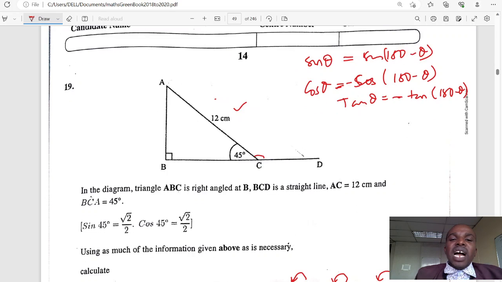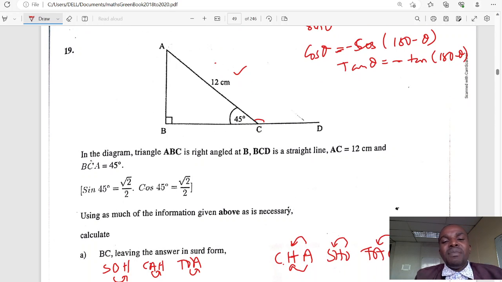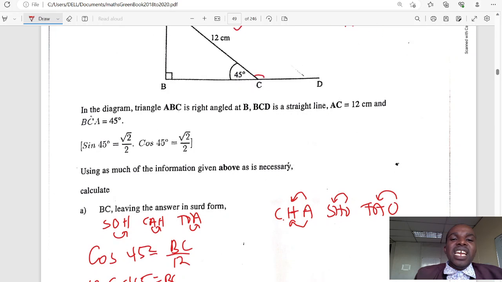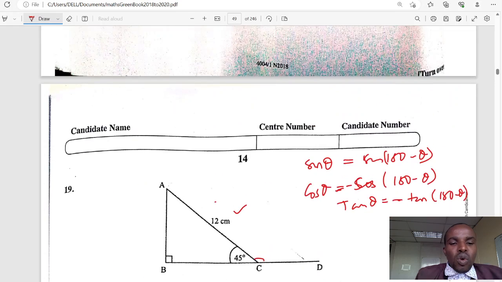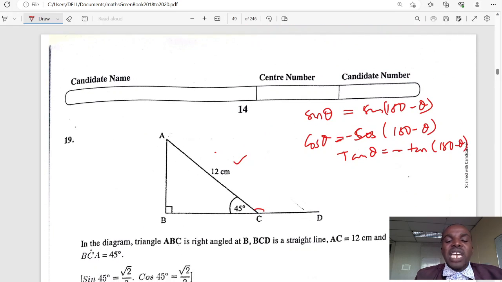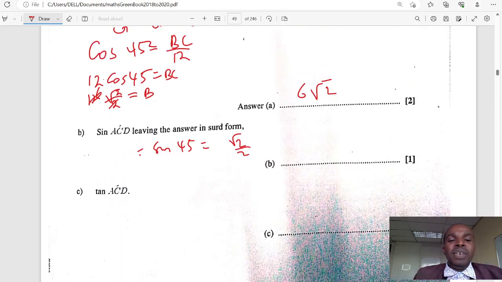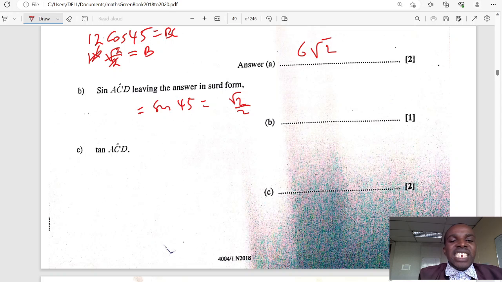Which means sine ACD is the same as sine 45, which is sine ACB. So it's the same as sine 45, which is root 2 over 2. It's a supplement of that angle ACD.